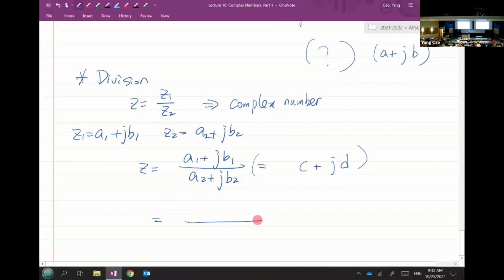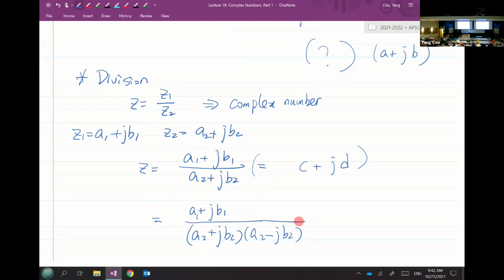We use that conjugate concept. So we multiply the denominator with its conjugate, but you cannot change the value of this number, right?